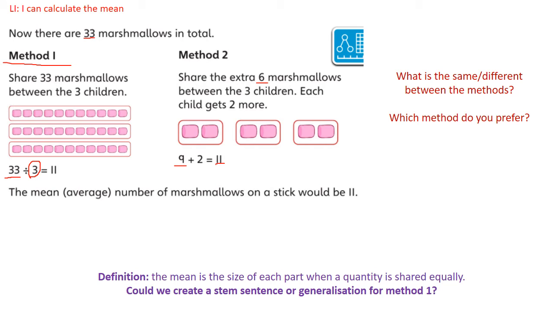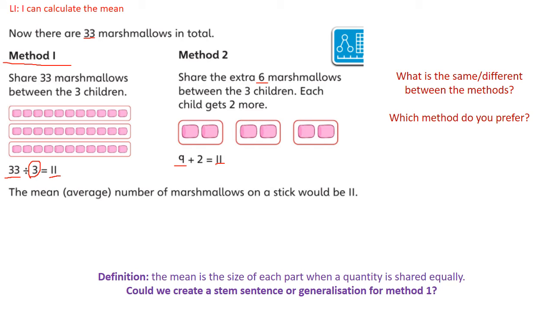So 33 divided by 3 equals 11. So the mean number of marshmallows on a stick would be 11. Remember the definition? The mean is the size of each part when a quantity is shared equally.